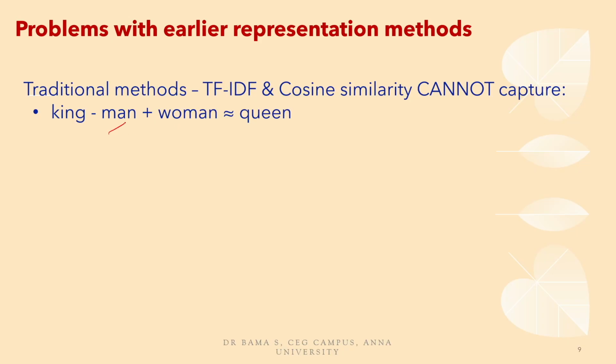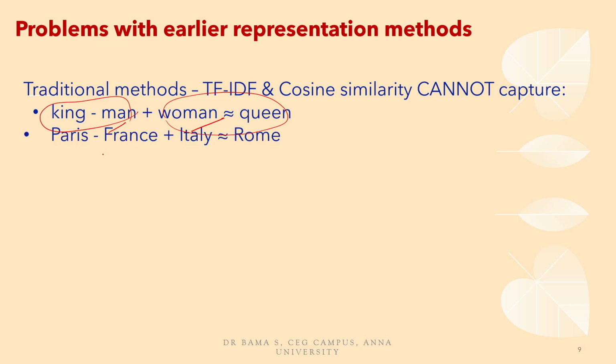Now, in the traditional methods, TF-IDF and cosine similarity cannot capture these relations. King is to man as queen is to woman: can we have these clustered together? This is a very famous example that comes up in word to vector, which is one embedding type.